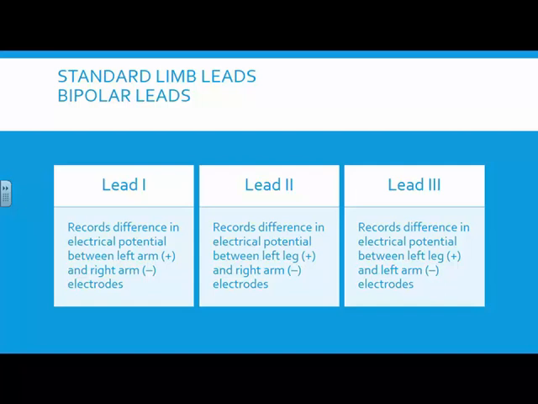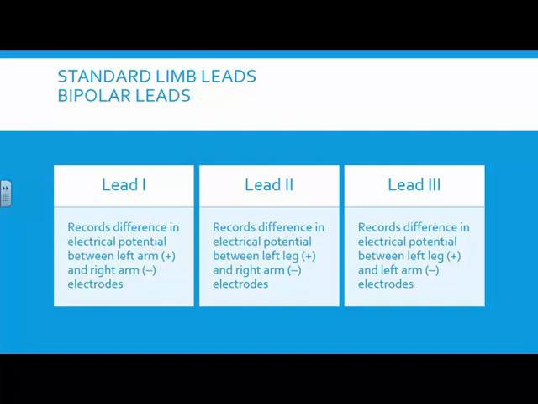I want to take a picture of the electrical potential, the action potential going this way on the heart. So what I'm doing is I'm getting a recording of the electrical current as it flows this way.